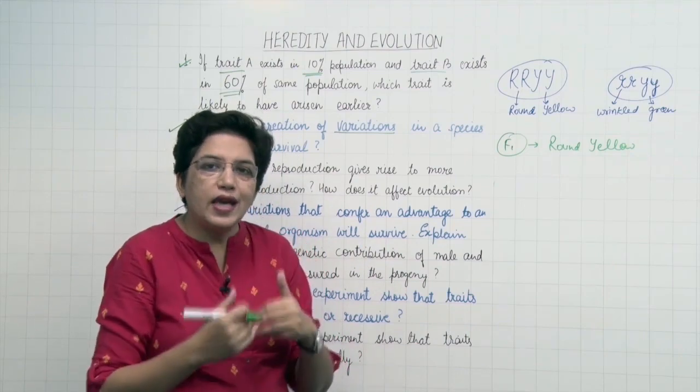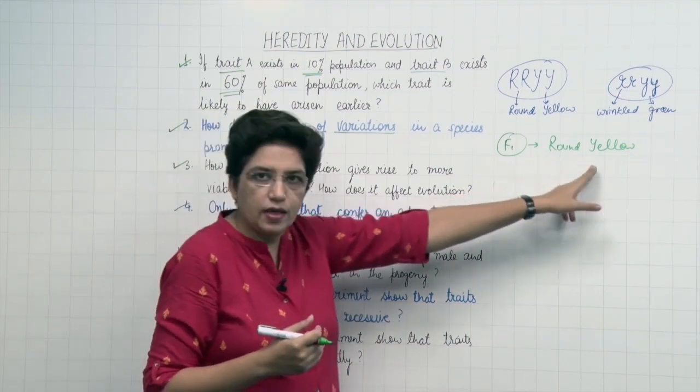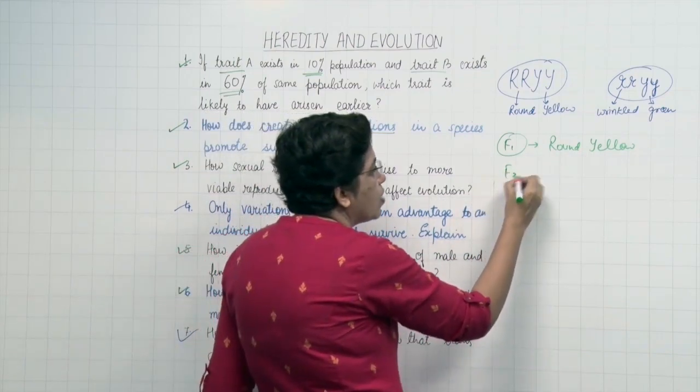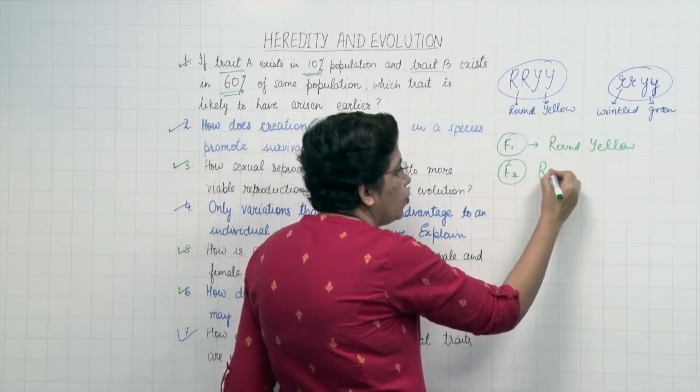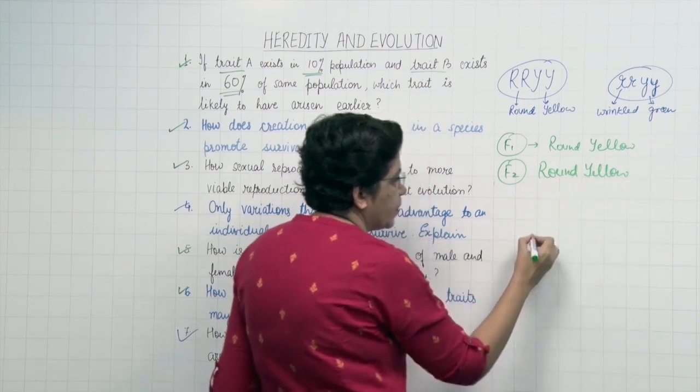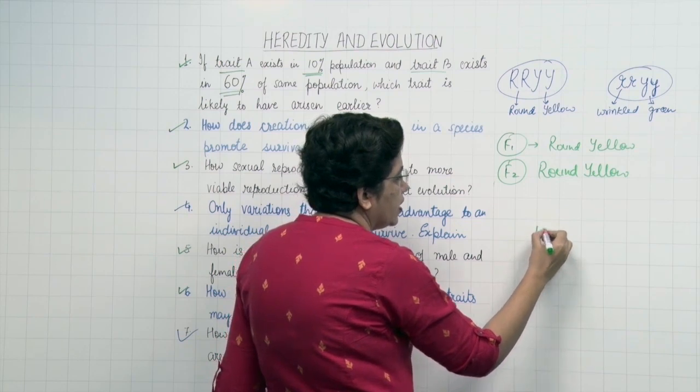But when again cross hybrid was done between these two plants from the F1, what was found in F2? Four kinds of combination. One is round yellow, as expected. Another was wrinkled green.